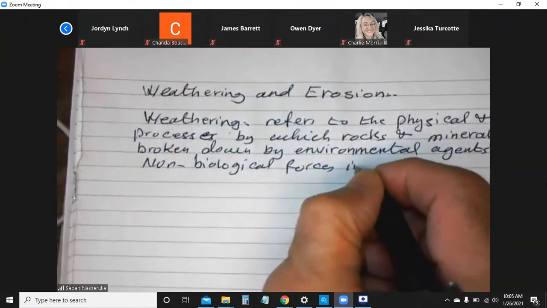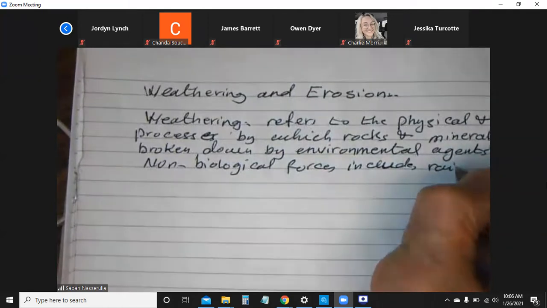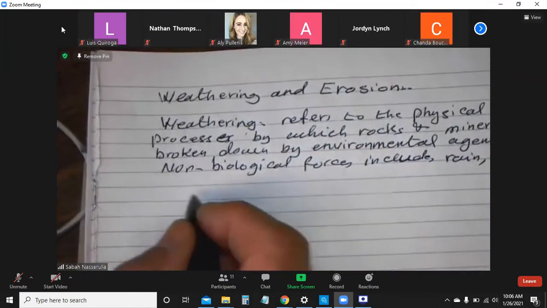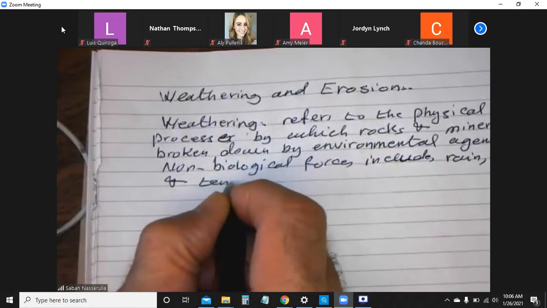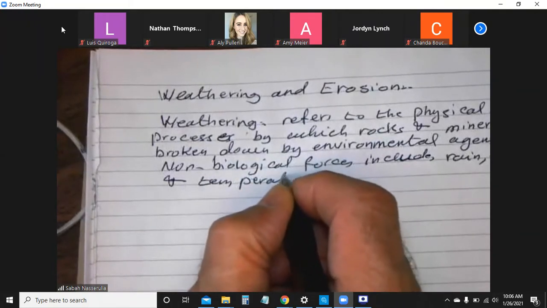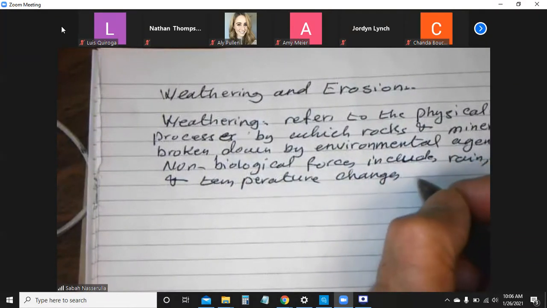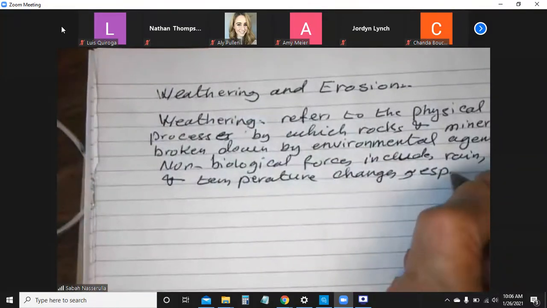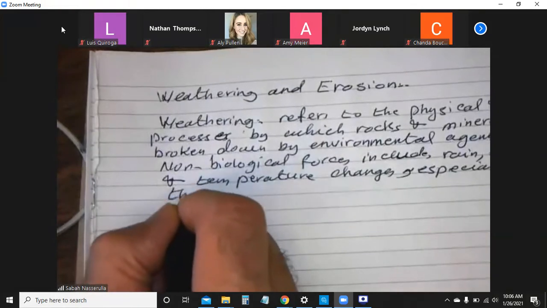Okay, these include, for example, as you already know, rain, wind, okay, and temperature changes, especially to mention this point here, especially freezing and thawing, freeze and thaw cycles.